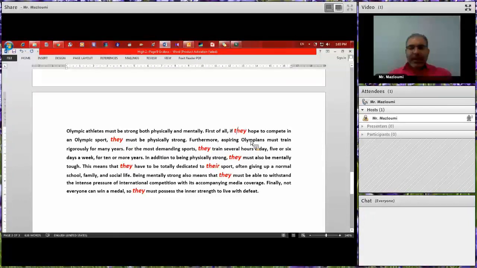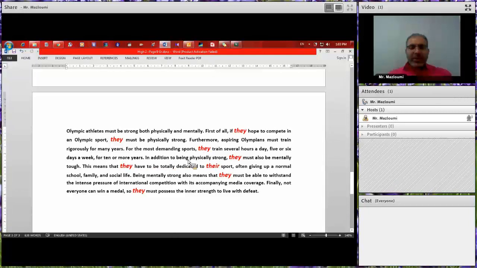Furthermore, aspiring Olympians must train rigorously for many years. For the most demanding sports, they train several hours a day, 5 or 6 days a week for 10 or more years.